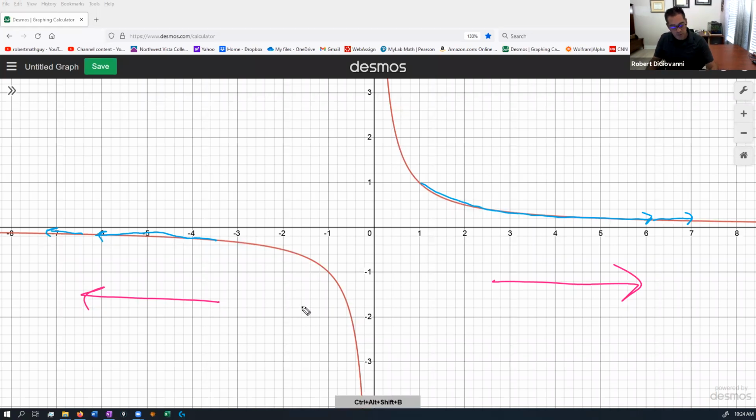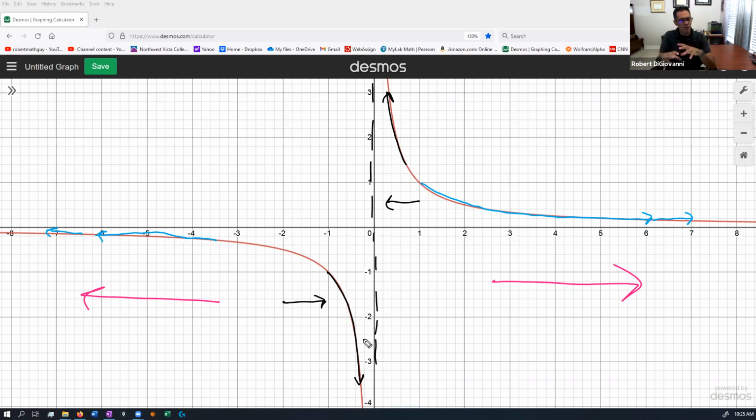And then as we move towards the center here, the graph dives down. And as we move to the center from the right side, the graph is taking off and going up. So we almost have this imaginary wall in the middle where the graph doesn't want to hit the wall, so it just turns and takes off.